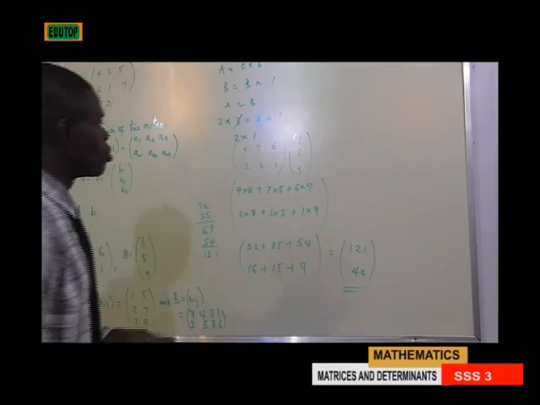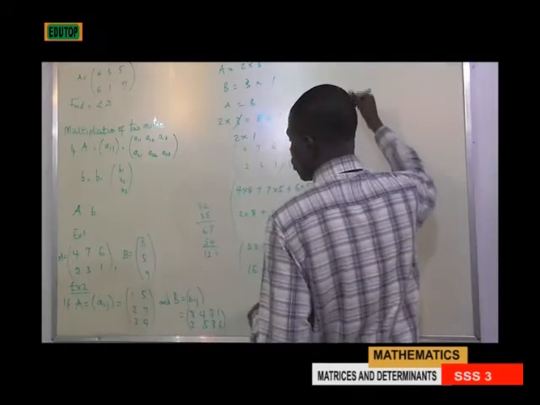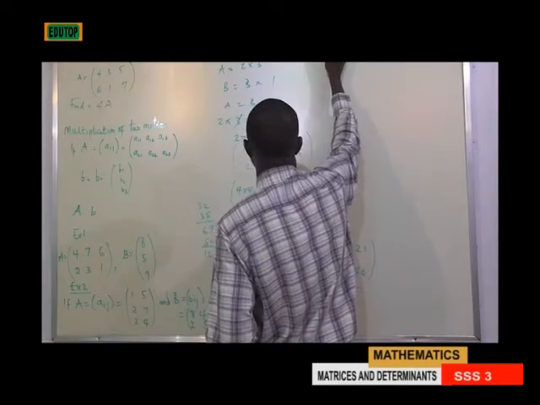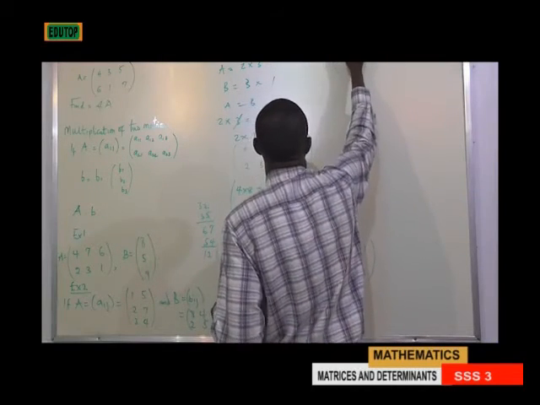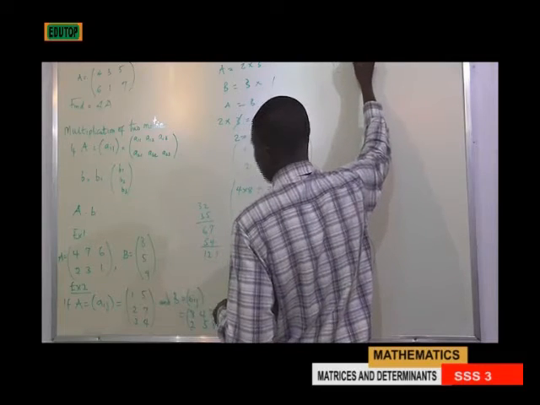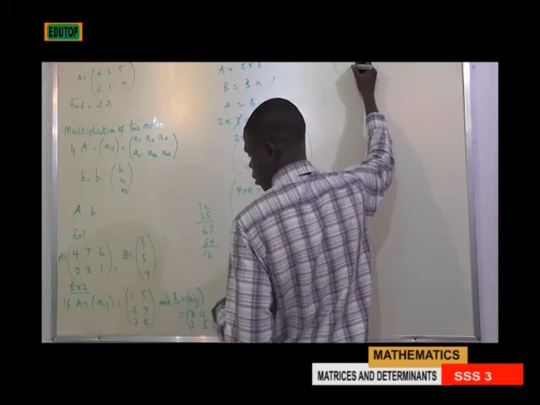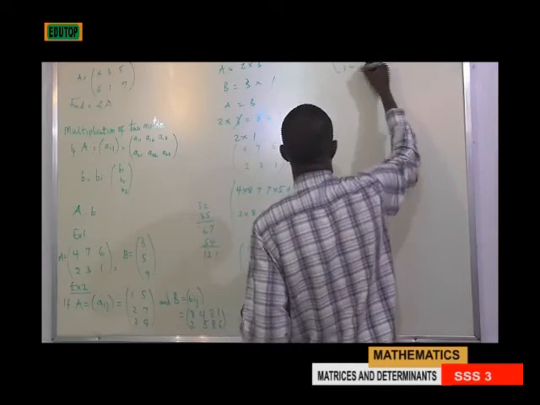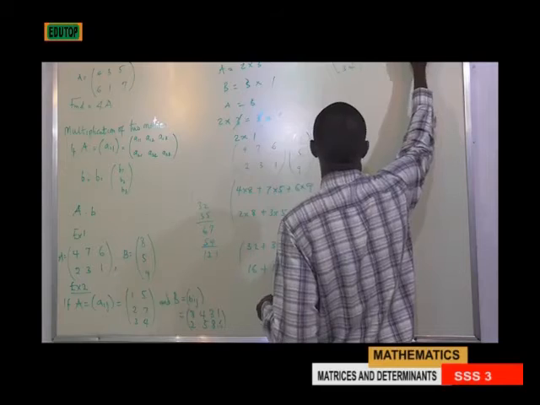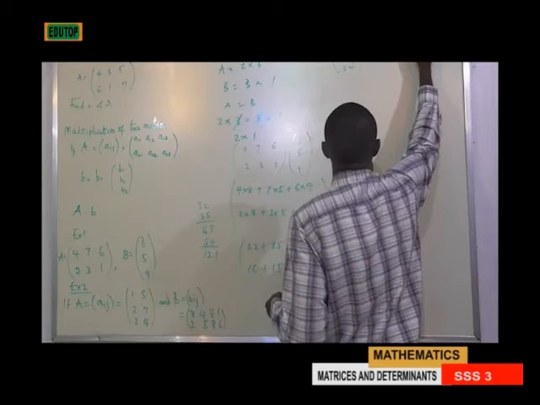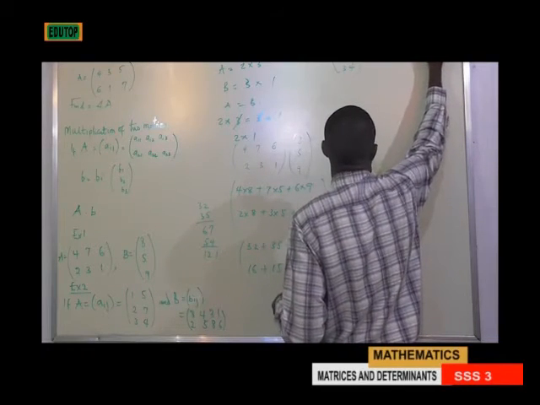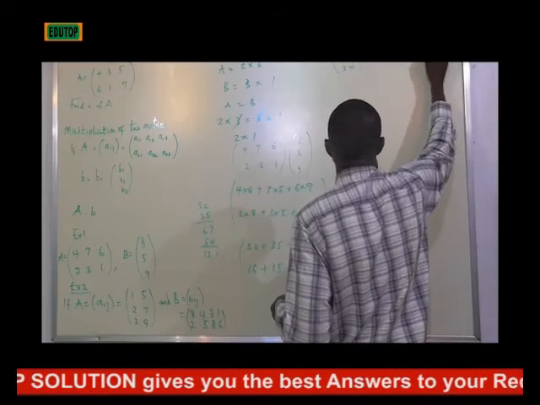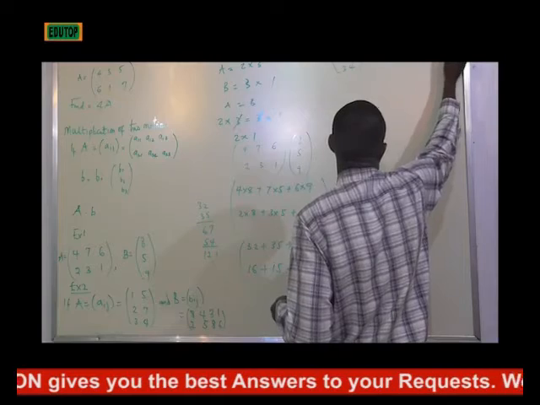Now, example 2. In example 2, we have our A equal to 1, 5, 2, 7, then 3, 4. Then we have our B equal to 8, 4, 3, 1, 2, 5, 8, 6.